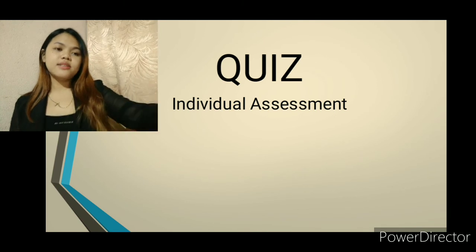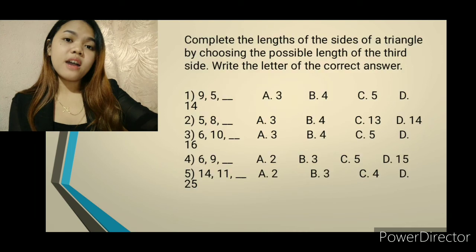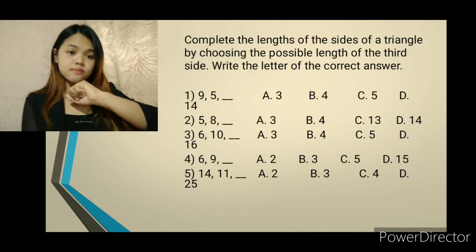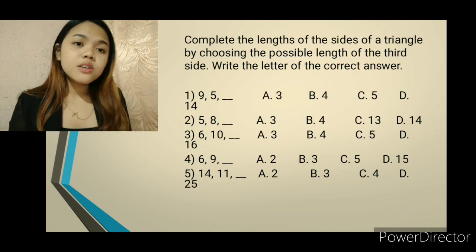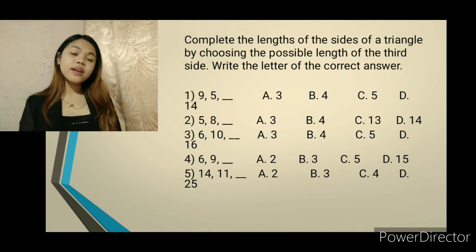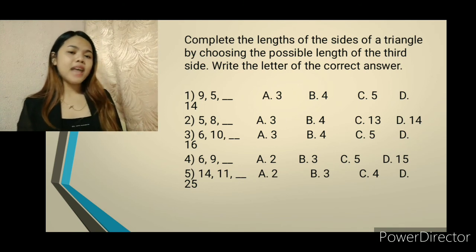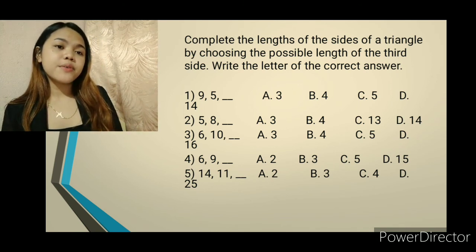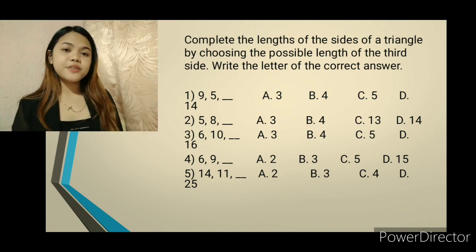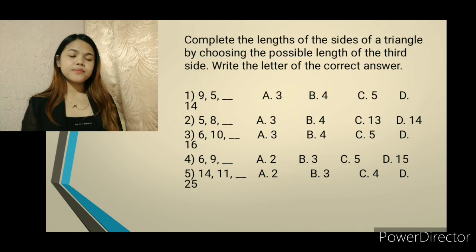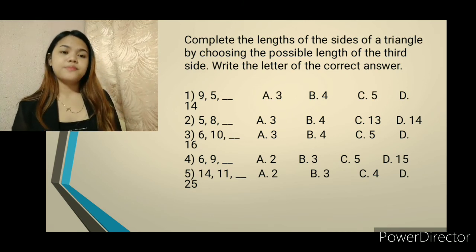For the instructions: complete the length of the side of a triangle by choosing the possible length of the third side. Write the letter of the correct answer. You only have 15 minutes to answer this one. Okay? So time starts now.